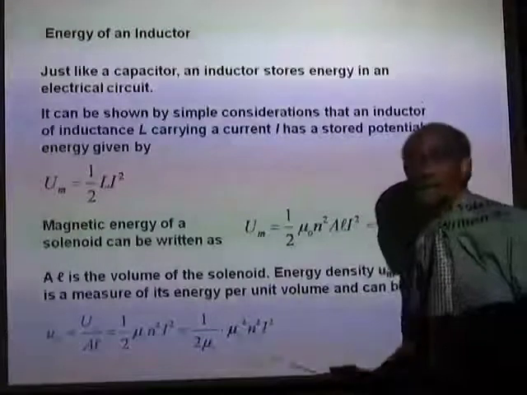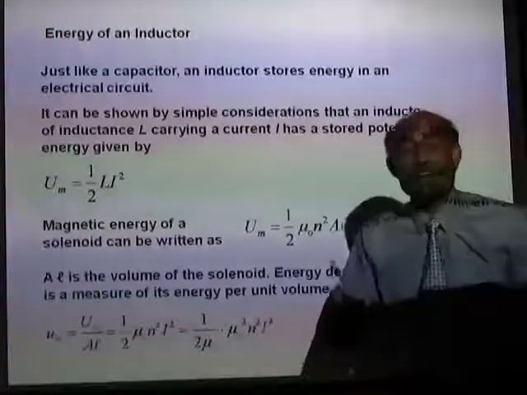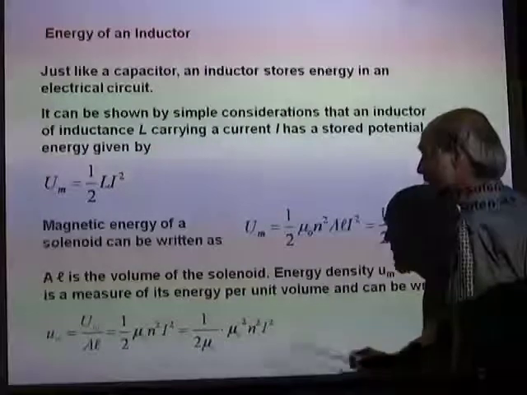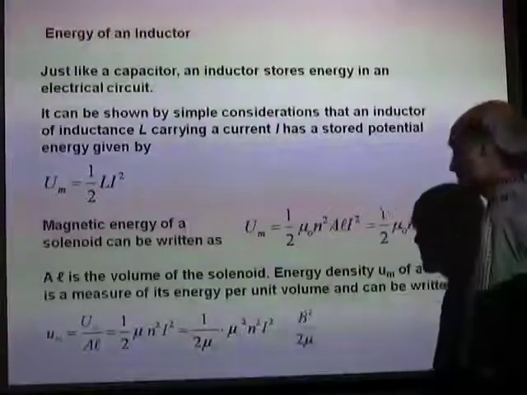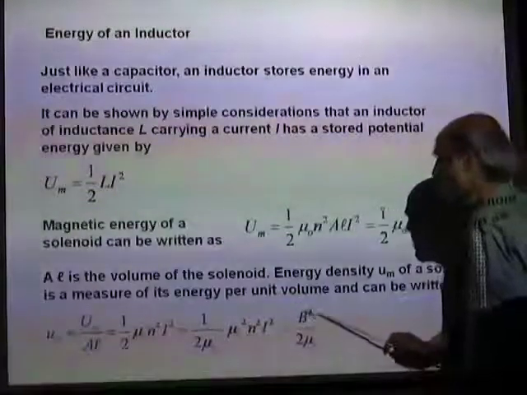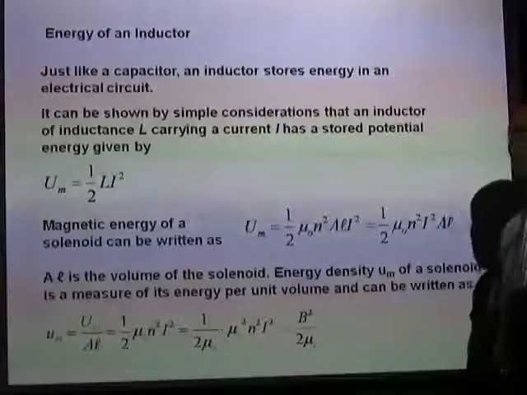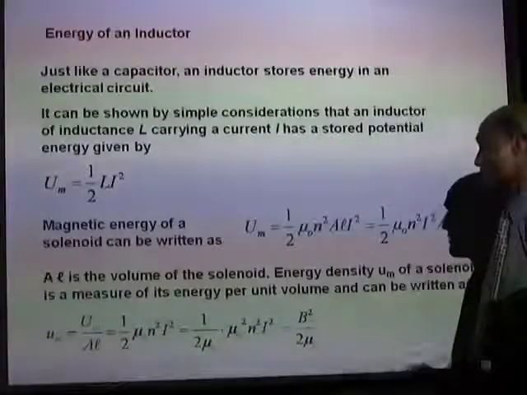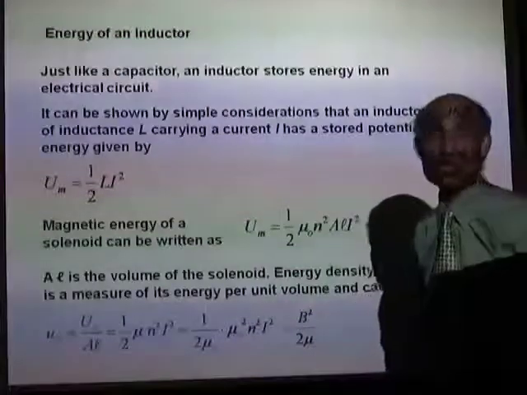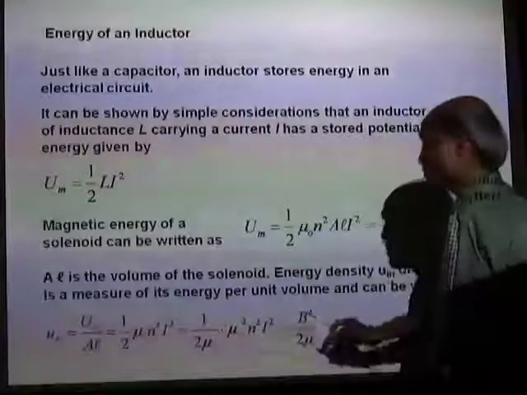Mu 0 n I is the magnetic field inside the solenoid. So mu 0 squared n squared I squared is simply B squared. So it can be written as B squared over 2 mu 0. And what is this? The energy density, the energy per unit volume of a solenoid.